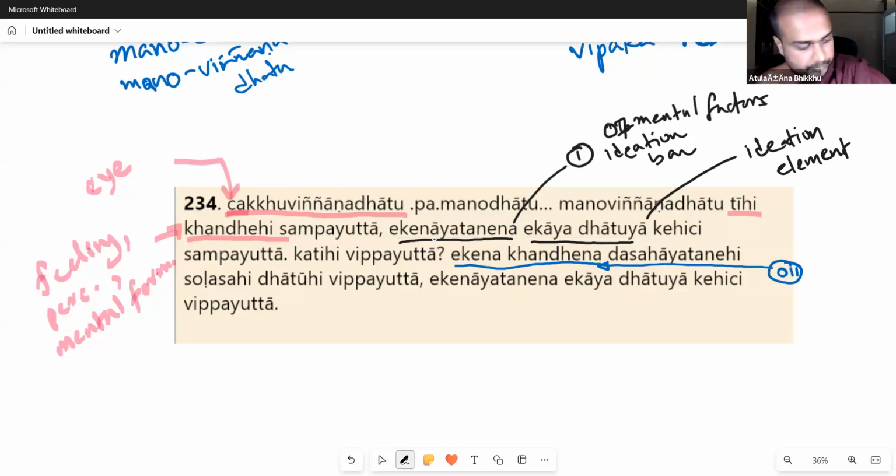It's the matter aggregate. Then dasahayatanehi means with 10 bases. Those are the gross bases in the material.